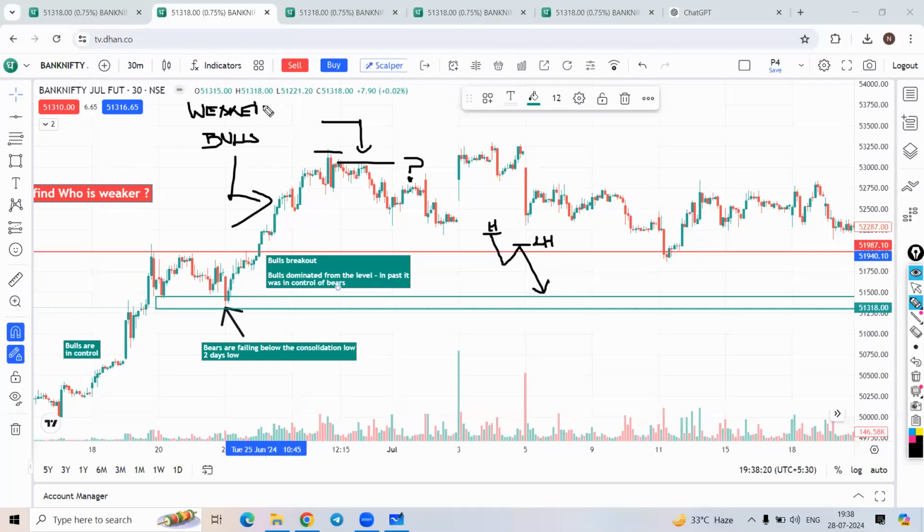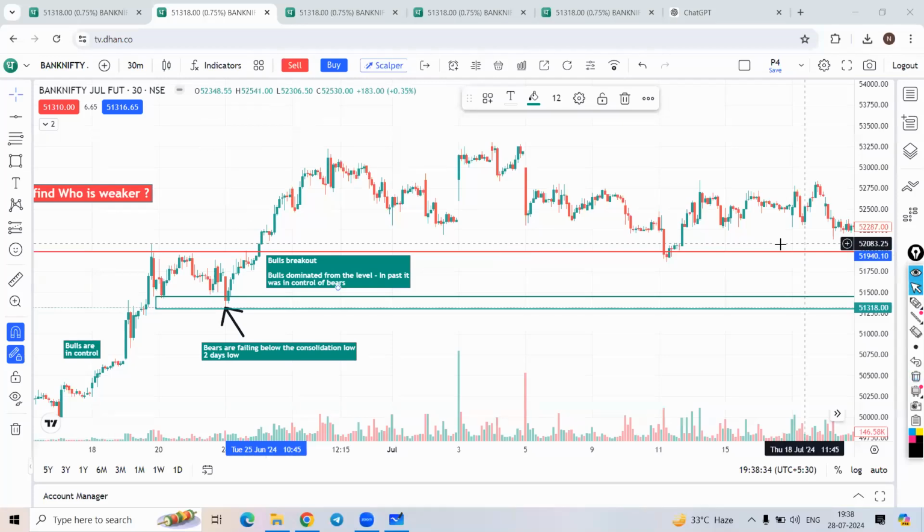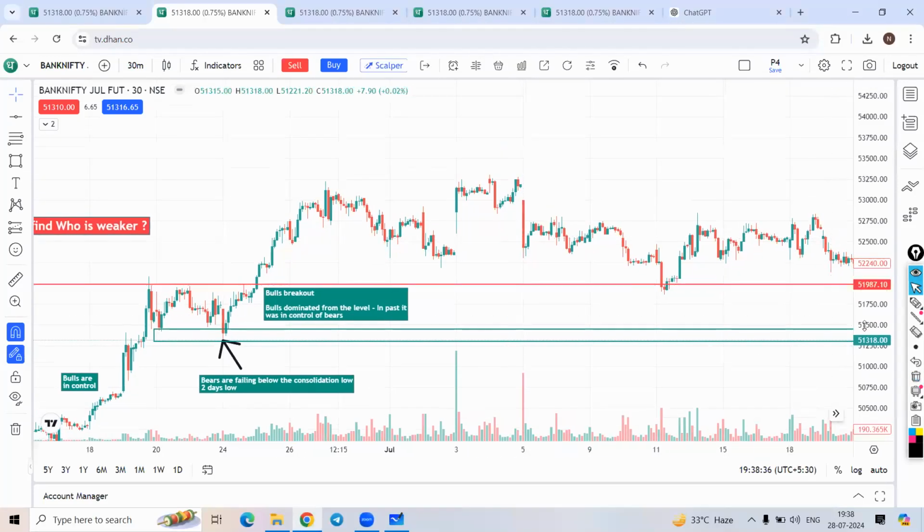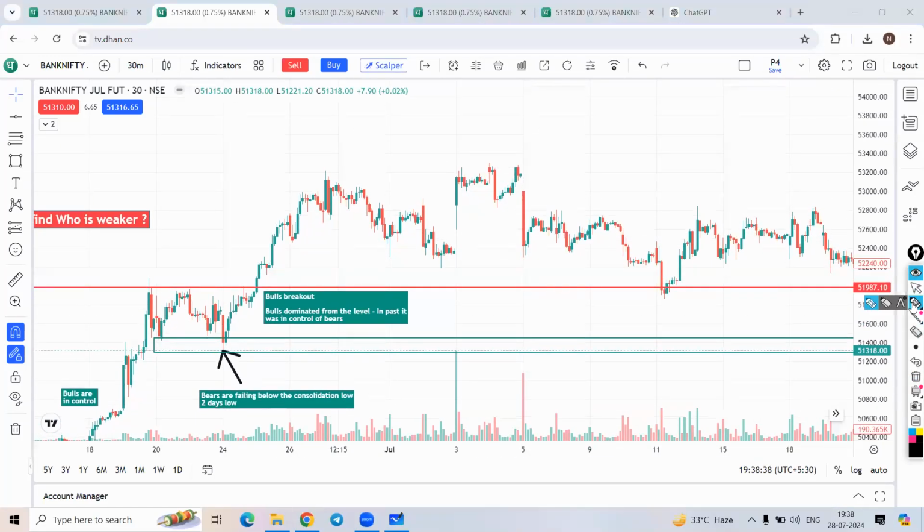There can be two perspectives because of which a lower high formation can develop. Clear enough? So now, two things are clear. We are forming a lower high formation over here. So basically, this becomes an entire zone for me.